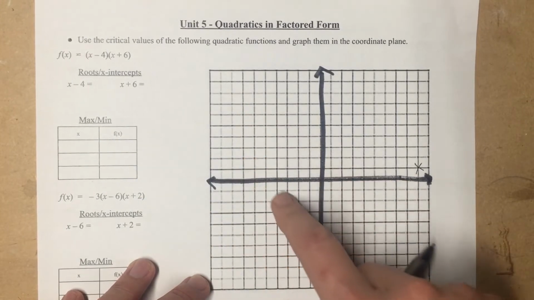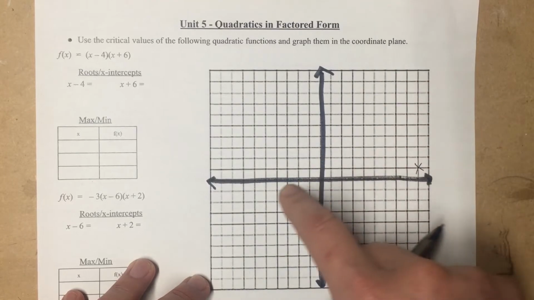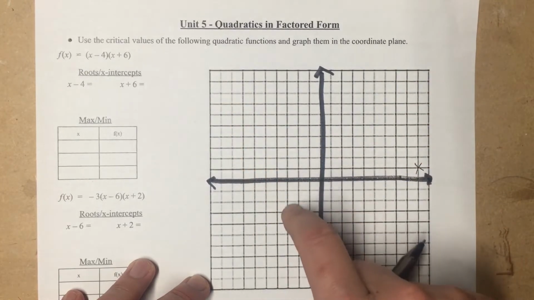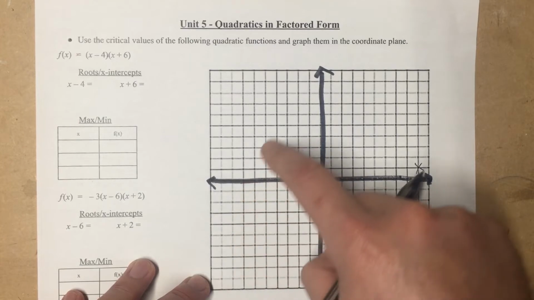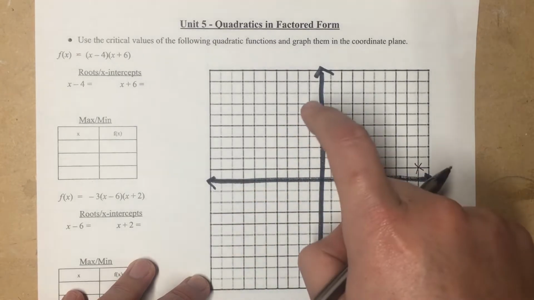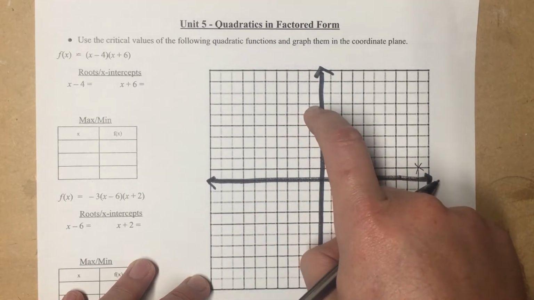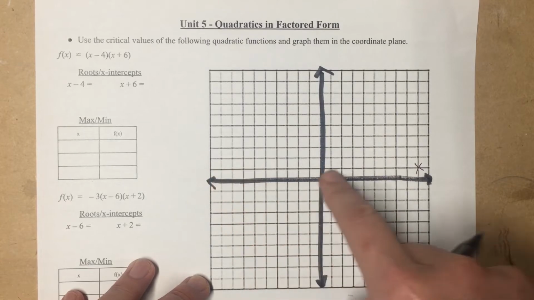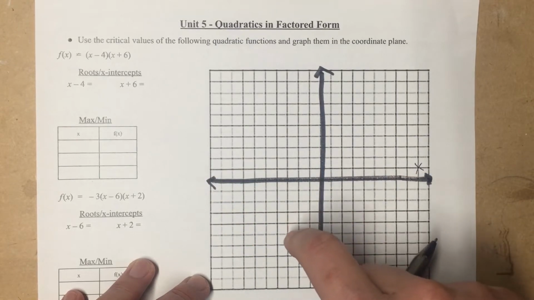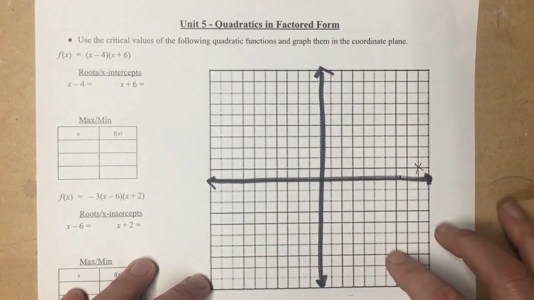So if our parabola opens up like this, then we're going to have a minimum point down here. If our parabola is like this, then we're going to have a maximum point up here. So we're going to find those points, the x-intercepts, and then either the min or the max, wherever they may be.